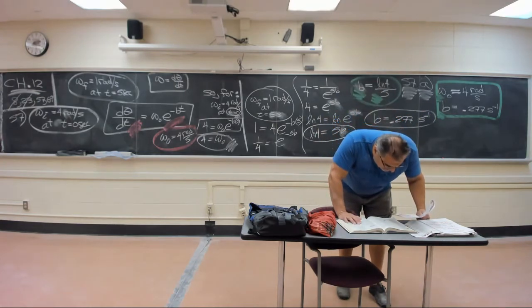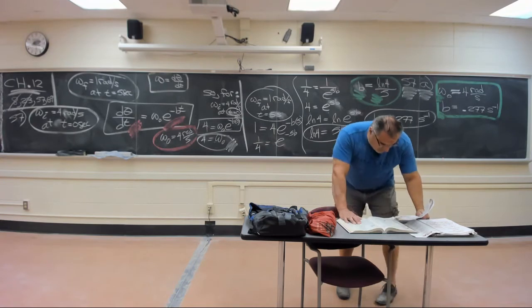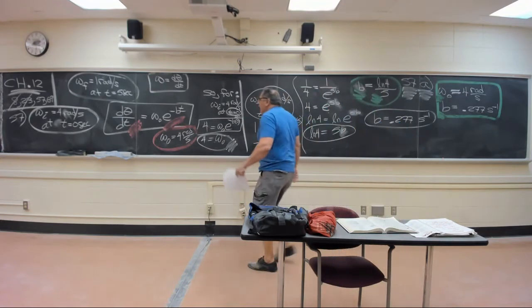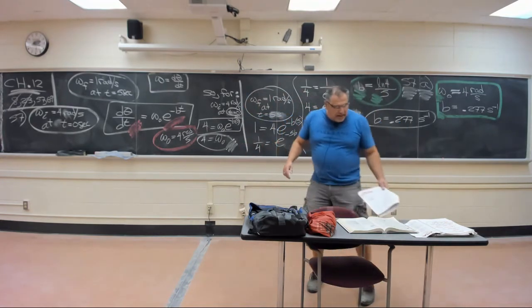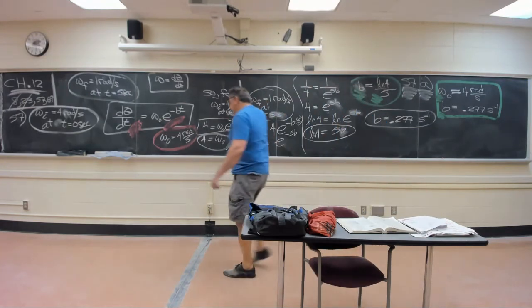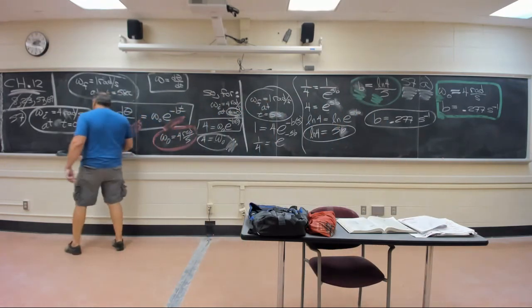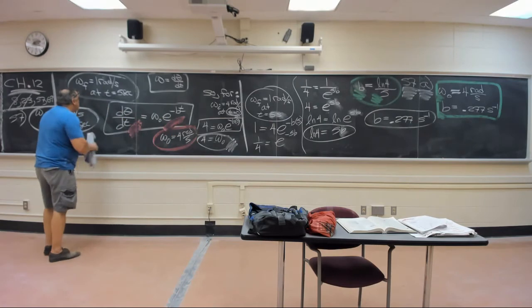B, what is the magnitude of the angular acceleration of the disk at t equals 5 seconds? Let's just get there first. First things first on some of these. Let me leave some things up here, let me take other things away. We've said a few things.